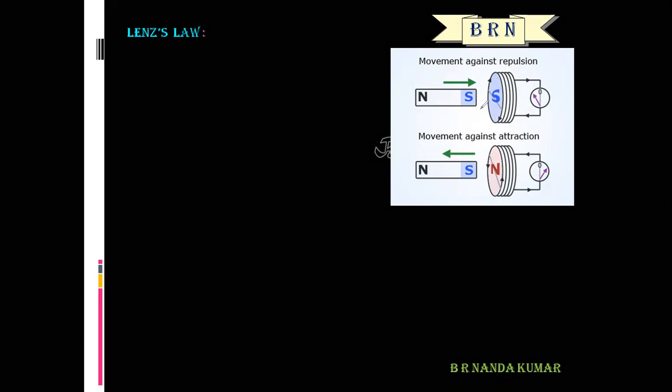This is a coil that is connected to a sensitive galvanometer. When the south pole of a bar magnet is moving towards the coil, what happens?